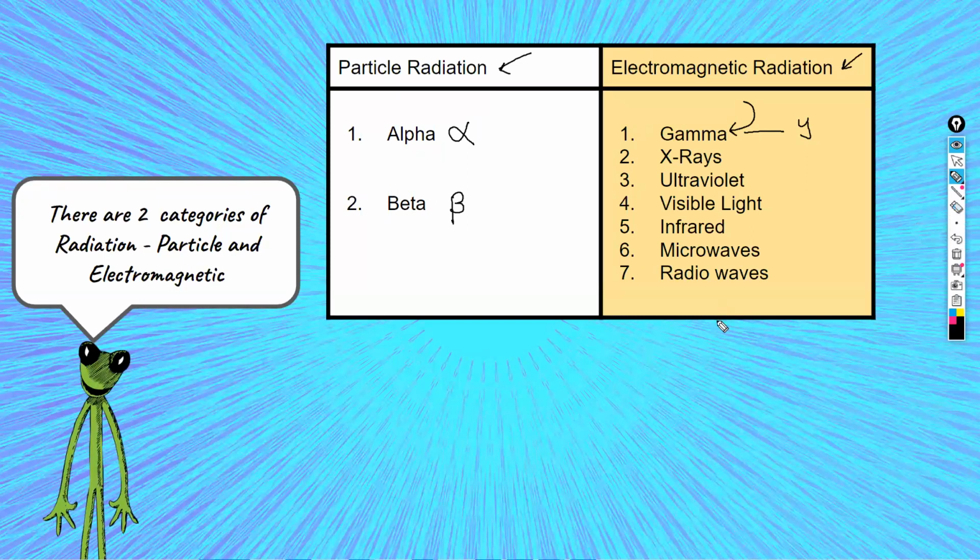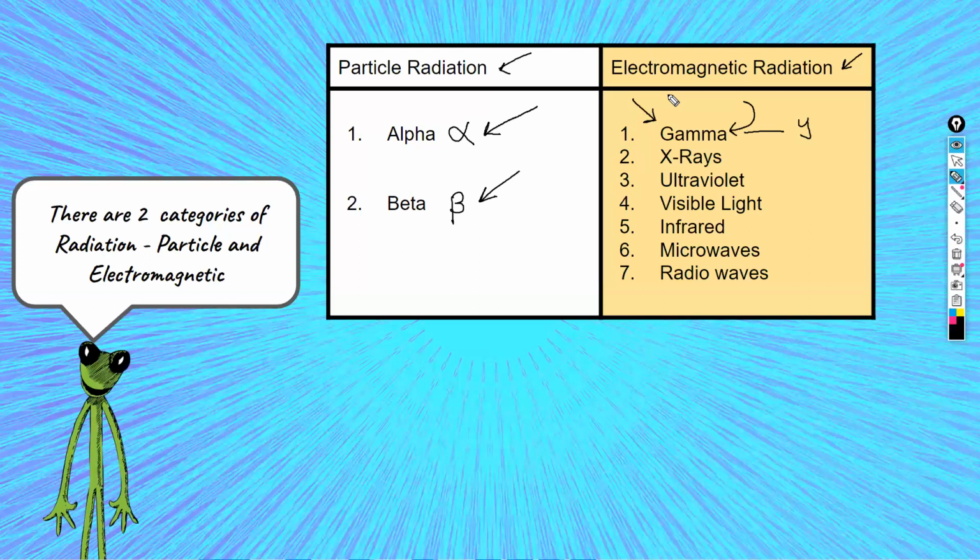Now, for the CXC syllabus, and I have to keep stressing the CXC syllabus, because when you go to Form 6 or university, you're going to learn a lot more about radiation than at the CXC level. For CXC level, we will only be talking about alpha, beta, and gamma when it comes to sick atoms.